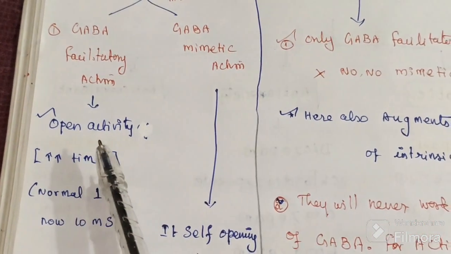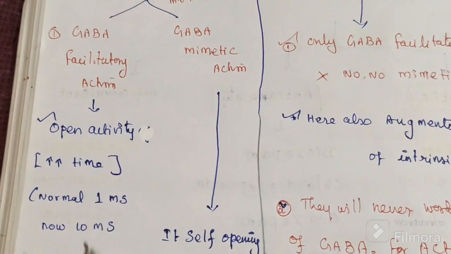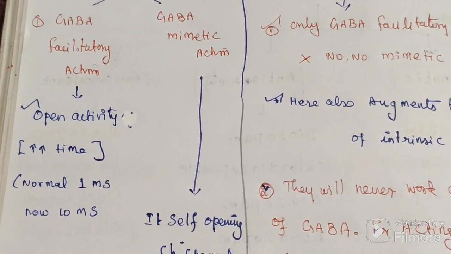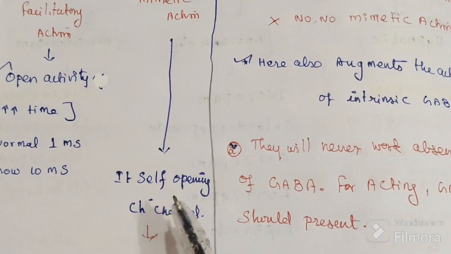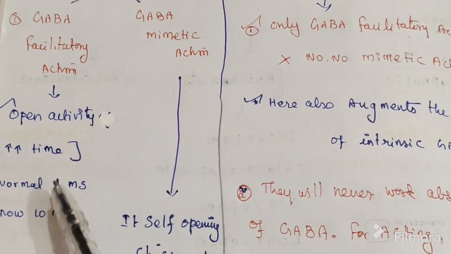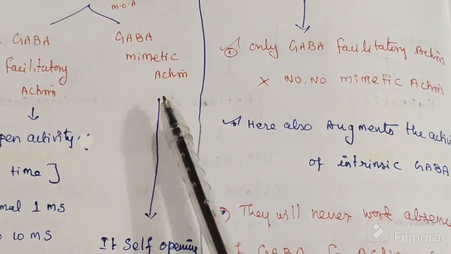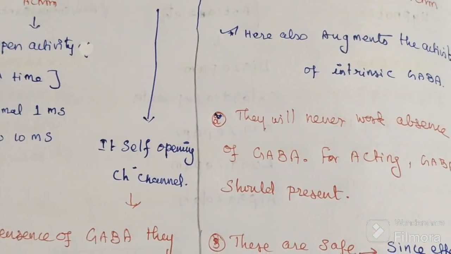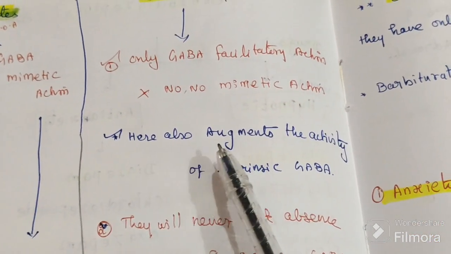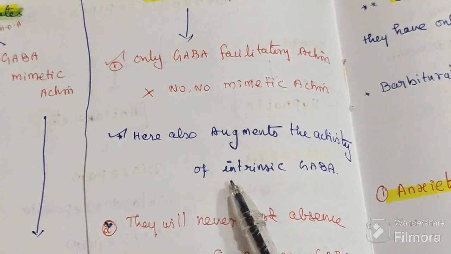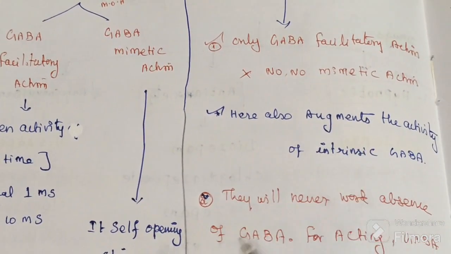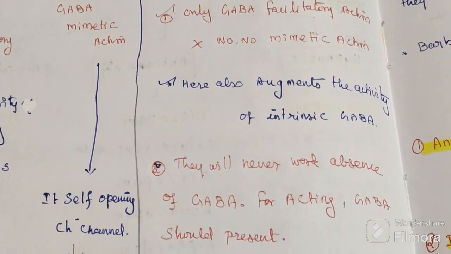Barbiturates increase the duration: normally 1 millisecond, here 10 milliseconds. Through mimetic action, barbiturates open the chloride channel by themselves. But here it only augments the activity of intrinsic GABA, so facilitatory action only, no mimetic reaction.